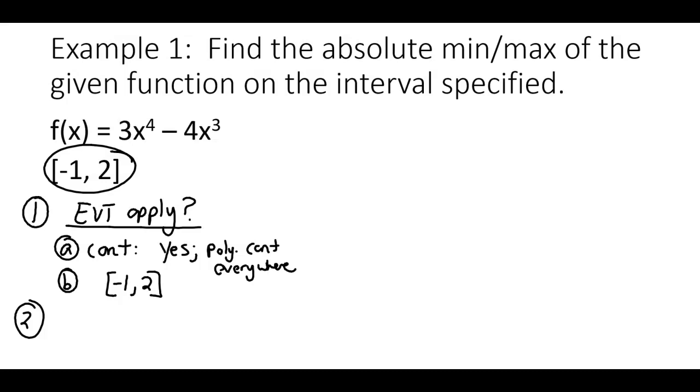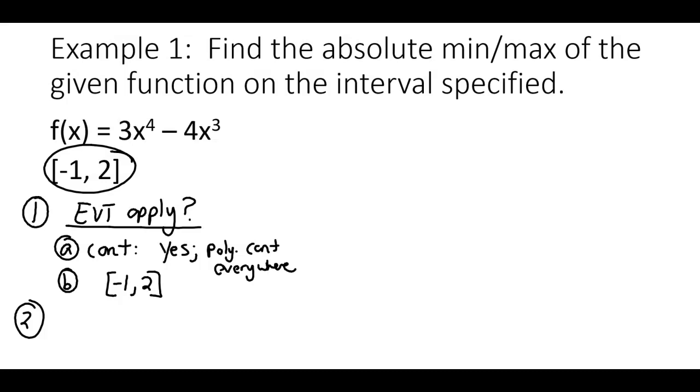But if it's not continuous, then without a picture, it's difficult to tell where the max would be. Let me summarize. Here, you pretty much have to stop if it's not continuous. You're not going to know for sure. But if this one doesn't work, we could still mess around with it. So we'll see an example.